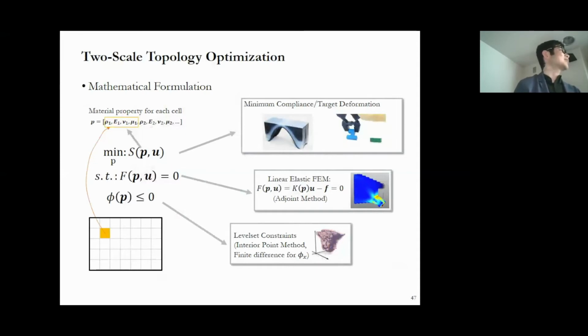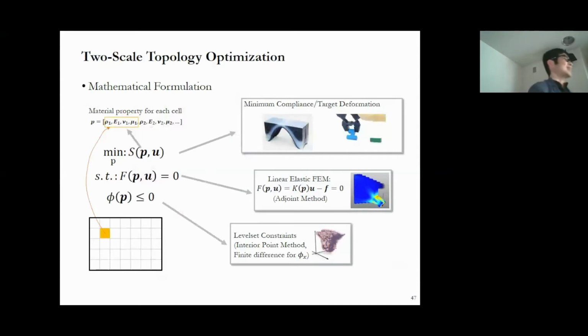We basically still want to minimize the compliance or the deformation of the structure by satisfying a physical constraint, which is FEM, and a volume constraint. But here, the volume constraint is actually a high-dimensional level set constraint. It means every point should be within our pre-computed boundary. If it's outside, then we cannot fabricate, right? So we should guarantee each point is printable, is fabricable.